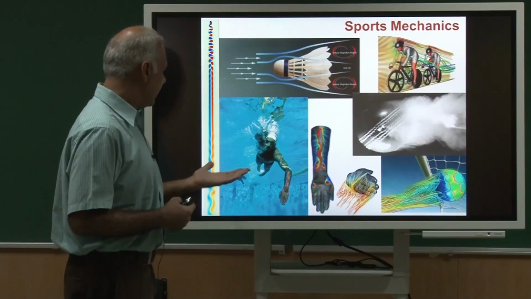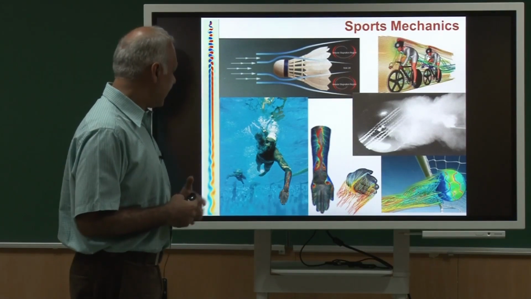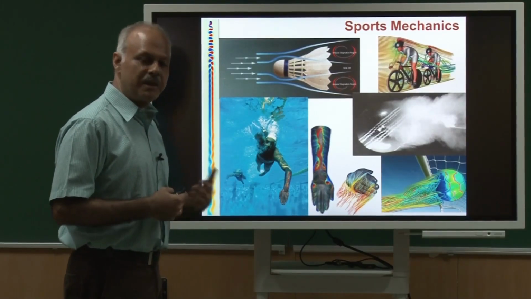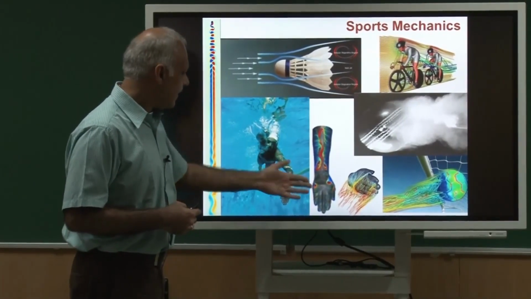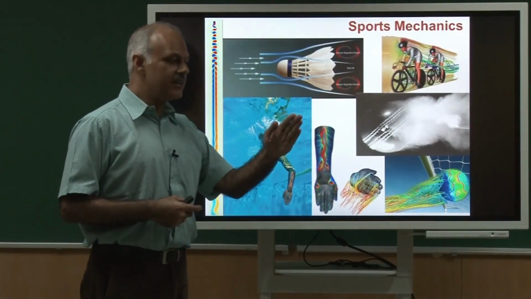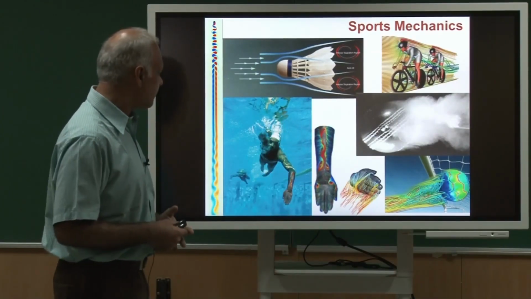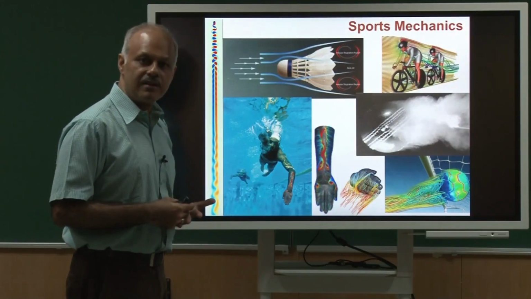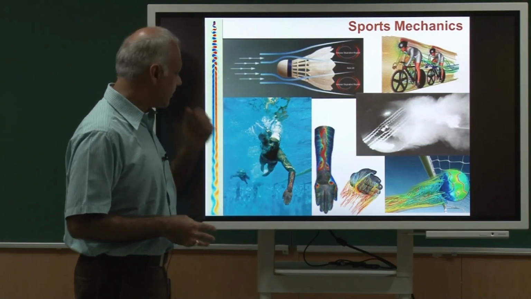Here is a team that would like to win an Olympic medal, and the coach visualizes what they are doing inside the swimming pool, takes pictures, does CT scans, computes the flow around them, and then even advises them: should I keep my fingers closed, should I keep them slightly open, what is the added mass when I take a stroke, what is my hand position, am I flipping my legs properly, and so on, because I would like to splash the least amount of water and get the maximum thrust.